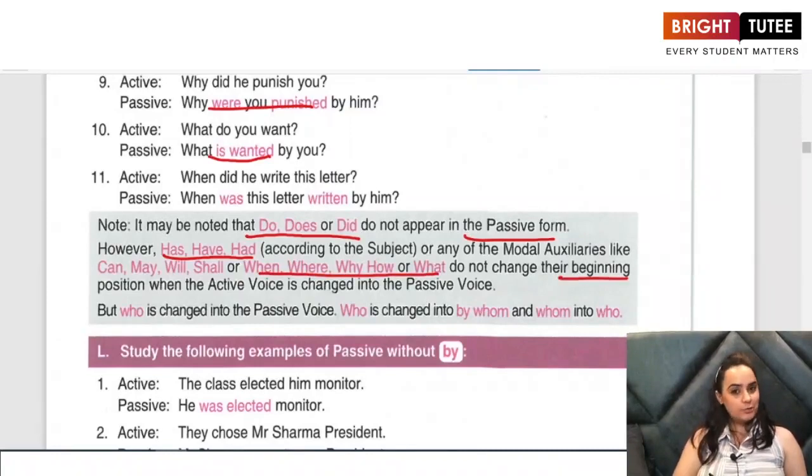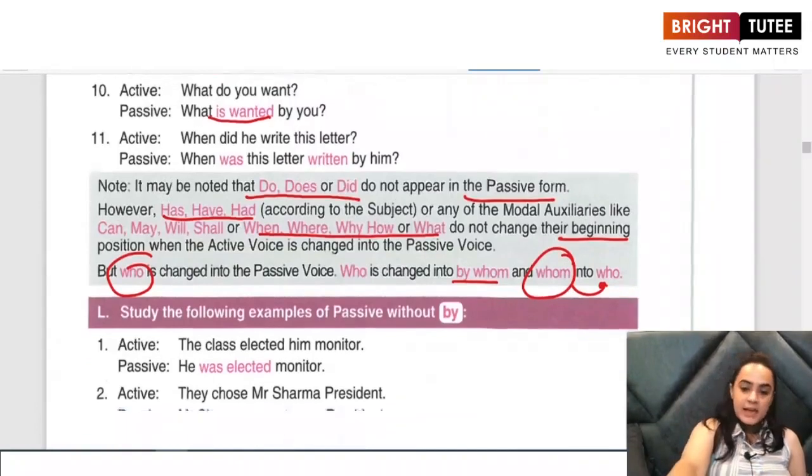As I told you, their position remains the same. Who is changed to by whom and whom is changed to who. So these are the changes that will take place when changing an interrogative sentence from active to passive.